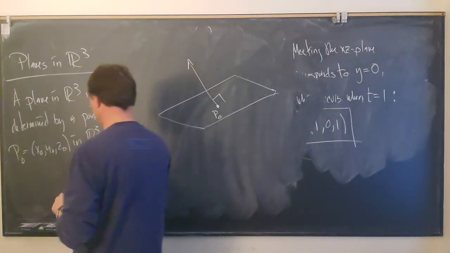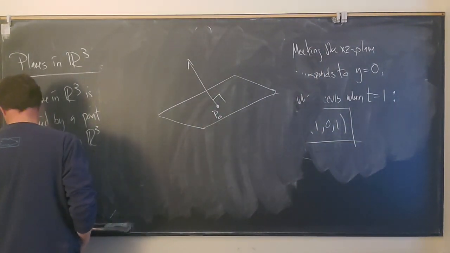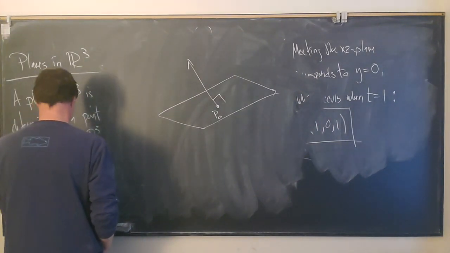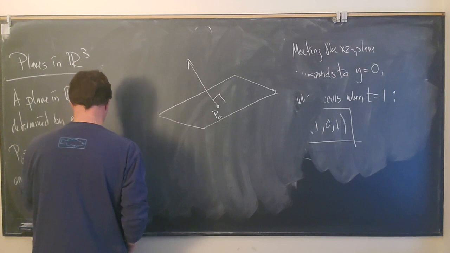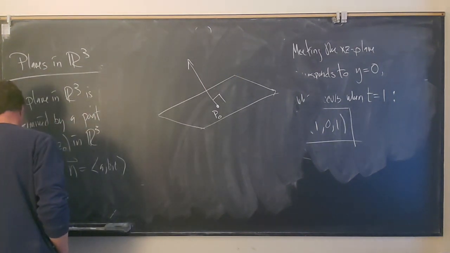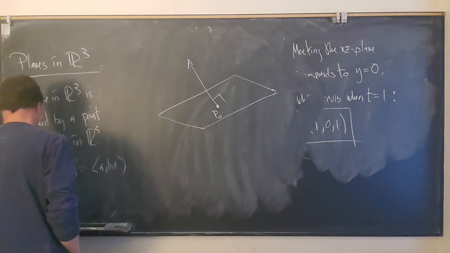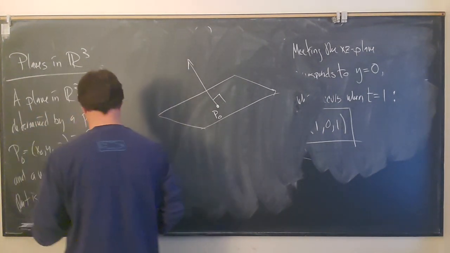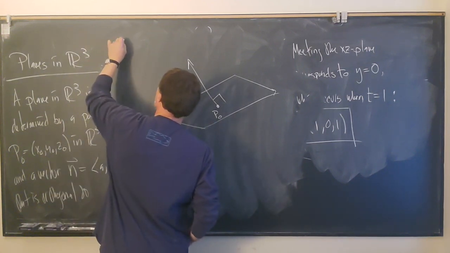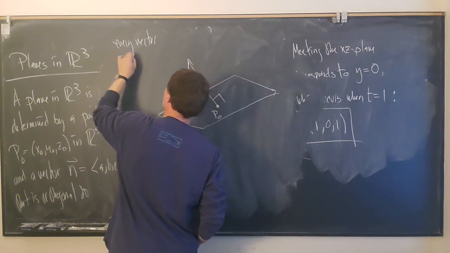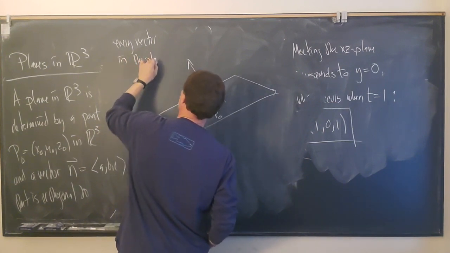So it's determined by a point P0 in R3 and a vector, which is written n equal to a, b, c, that is orthogonal to every vector in the plane.